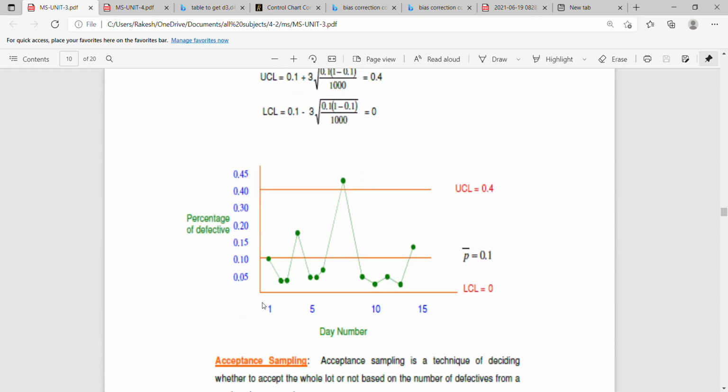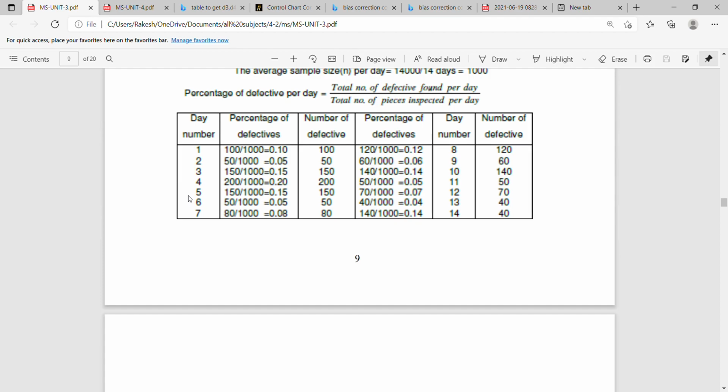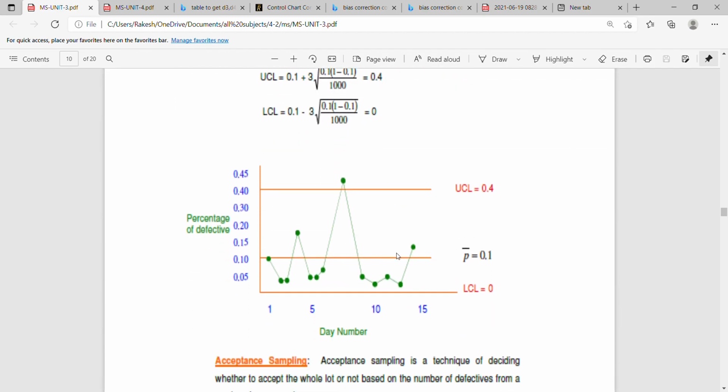You just have to plot the number of days here and the percentage of defectives here, which we have calculated as 0.10, 0.05. These are the percentages of defectives. For a p chart, you calculate the lower control limit and plot it with a dotted line, and plot the upper control limit with a dotted line.